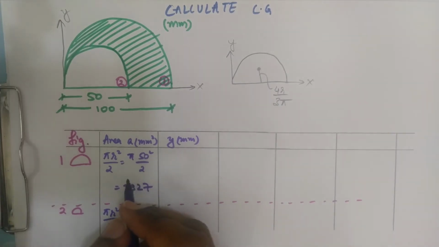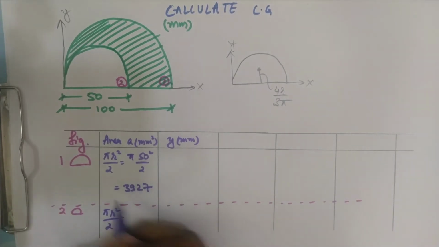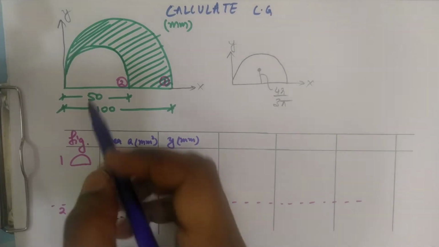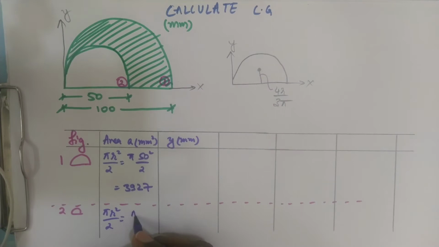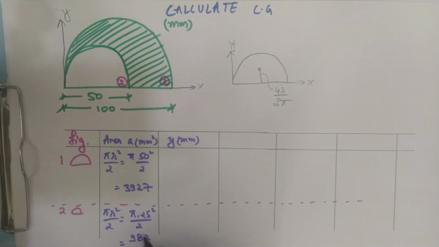It was around 3926 point something, I just rounded it up. For the second one, the diameter is 50, so the radius is 25. Putting pi 25 square by 2, I get around 982. It was 981.75, I just rounded it up for simpler calculation.